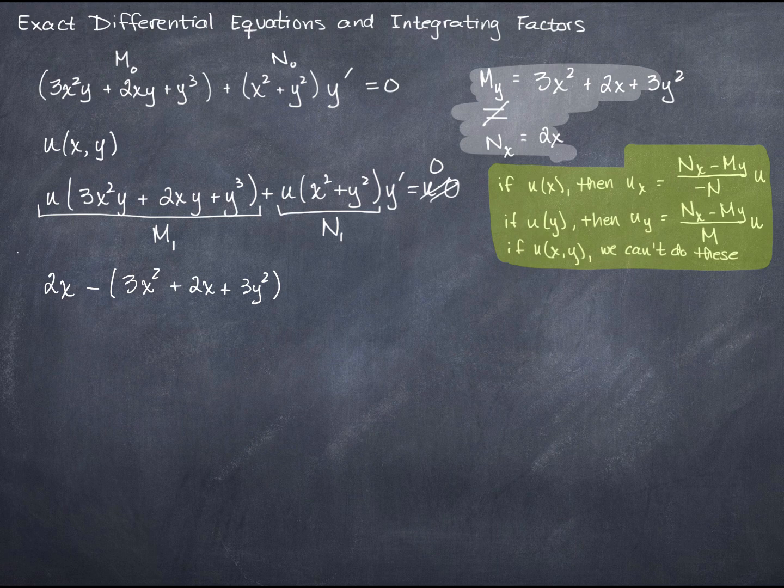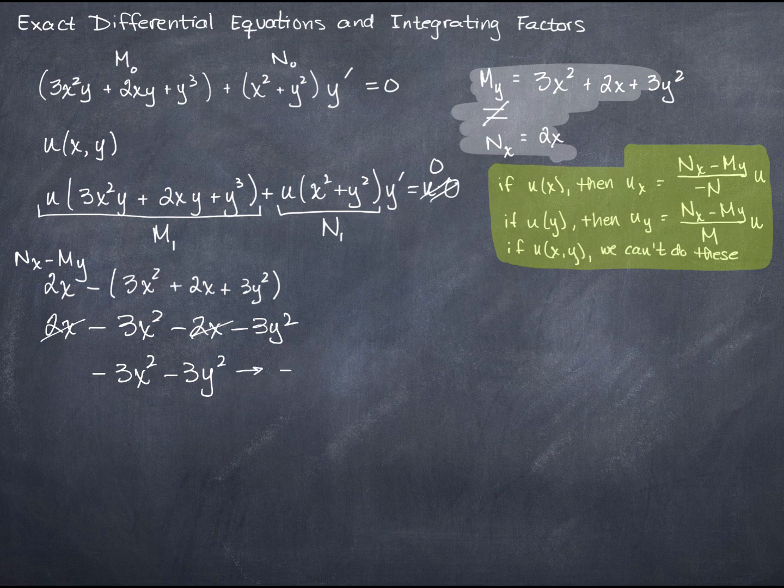I should probably note that this is N sub x minus M sub y. And then if we simplify that, we get 2x minus 3x squared minus 2x minus 3y squared. And these two cancel, which leaves me with negative 3x squared minus 3y squared. And that is negative 3 times x squared plus y squared.